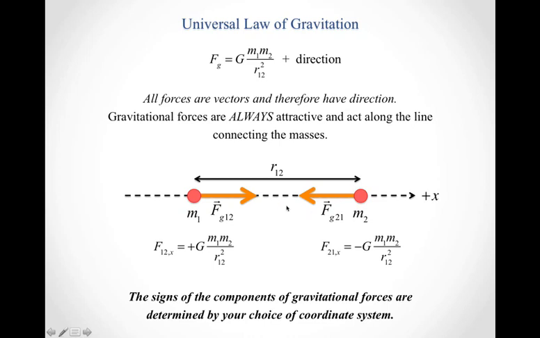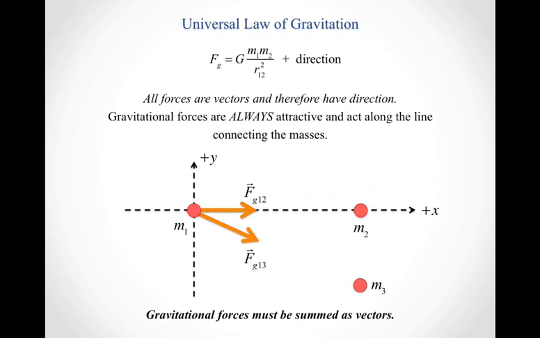Once we've picked our coordinate system, and in this case we've said positive x points to the right, that determines the signs of the components for each of these vectors. Because the gravitational force acting on mass 1 points to the right, its x component will be positive. Because the gravitational force acting on mass 2 points to the left, its x component will be negative.